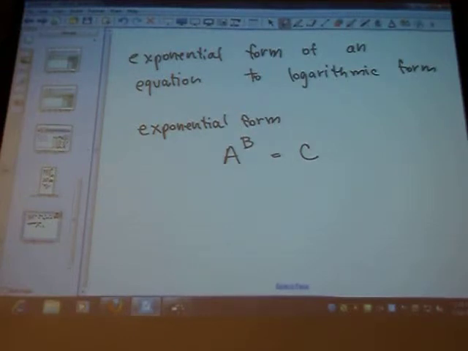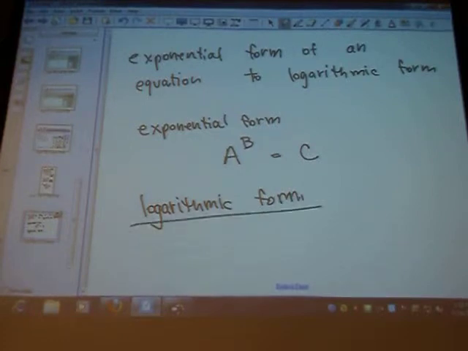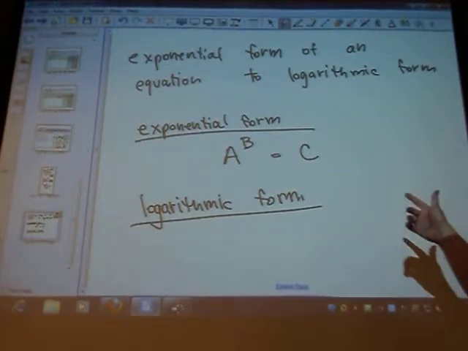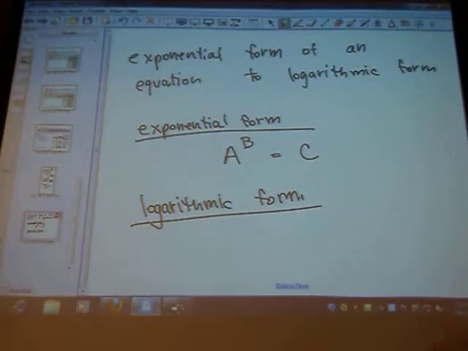Now, with the logarithmic form, I want to take the same statement and just rewrite it. So I want to write something with the logarithmic function that gives me the exact same information. This tells me that a raised to the b power is equal to c.